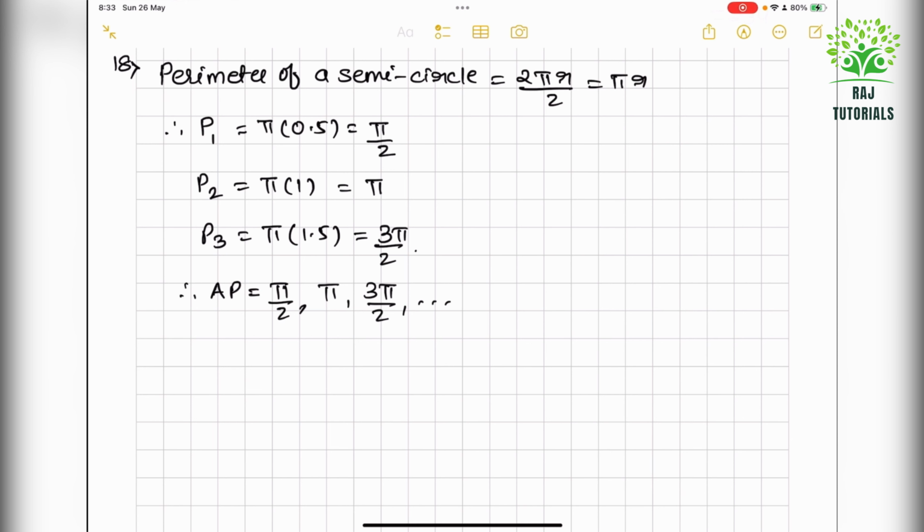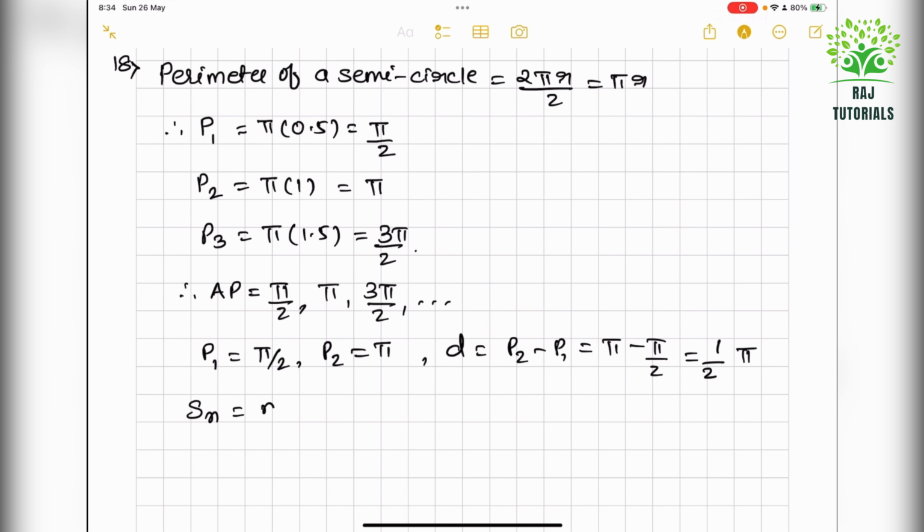So see here, P1, that is perimeter 1, is pi by 2, P2 is pi. So d will be P2 minus P1, that is pi minus pi by 2, so that will be half pi. Now Sn equals n by 2 into 2a plus (n minus 1) d.